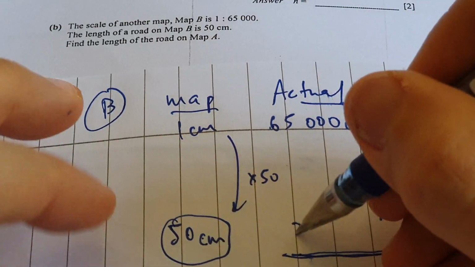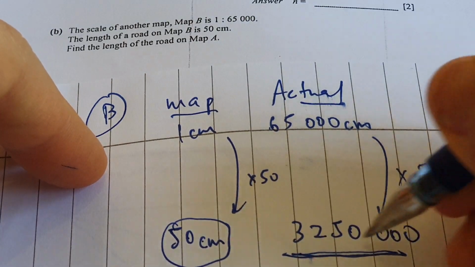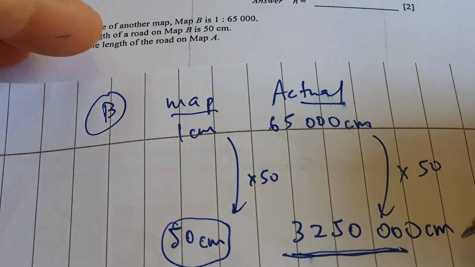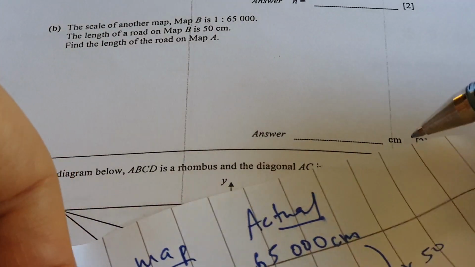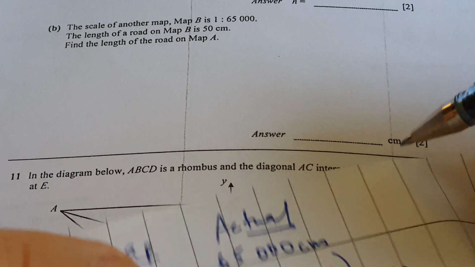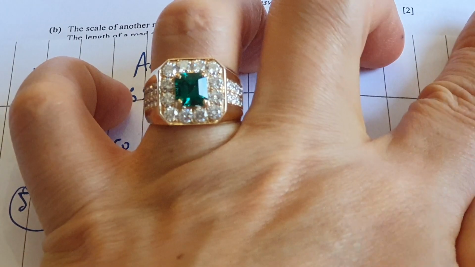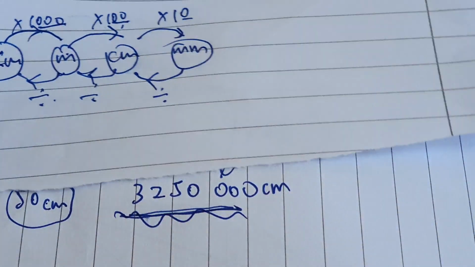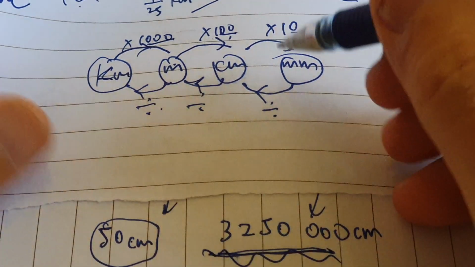You get 3250000. Now for this kind of question, you cannot leave your answer like that. They normally want you to leave in kilometers. For this question it is cm, but let's say you are supposed to change to kilometers, then how? Very simple. You use this trick that I taught you just now.